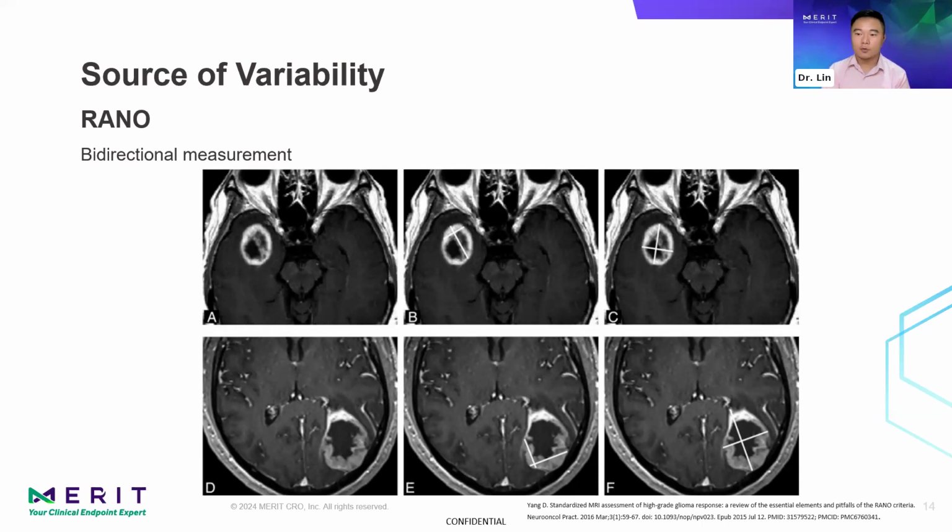And furthermore, RANO requires measuring the enhanced part. And this further increases the difficulty, like where is the longest diameter in the axial, sagittal, or coronal plane? And does this measurement cross some part of necrosis? For this kind of irregular thick-walled cyst, this is even harder.